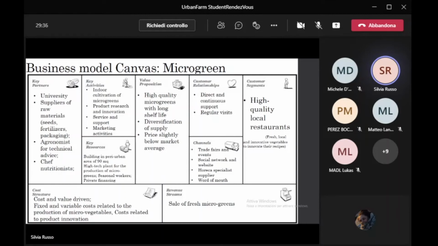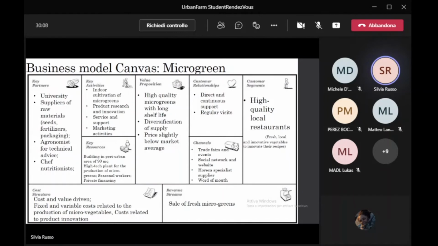The company delivers the value through trade fairs and events. They communicate with new customer segments, always high-quality local restaurants, and also use a social network and website to communicate their value proposition and reach new customers.